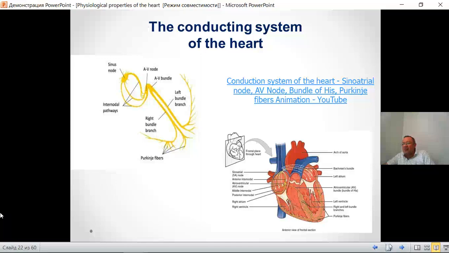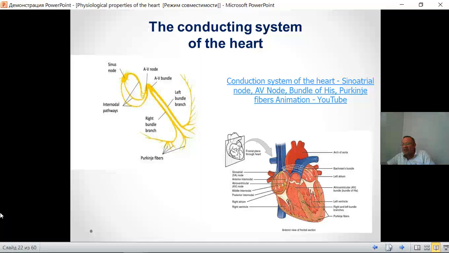The AV node has a slower conduction velocity, near 0.05 meter per second, than the atria, allowing maximal ventricular filling prior to contraction.